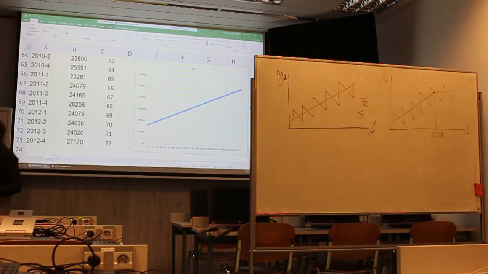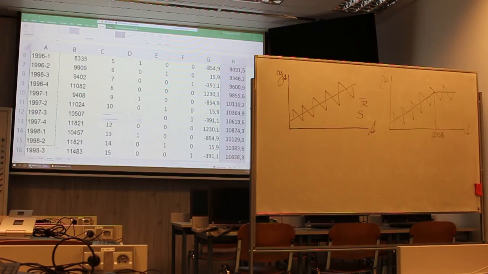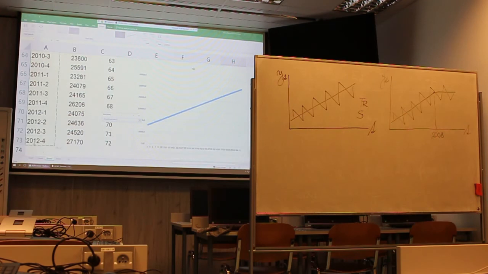Yes, the labels. So there is the design button, select data, horizontal category axis labels, edit, axis labels range from first quarter 1995 to fourth quarter of year 2012, okay.